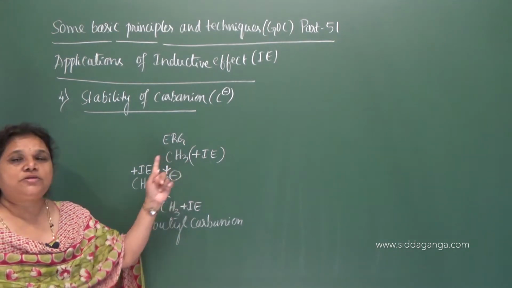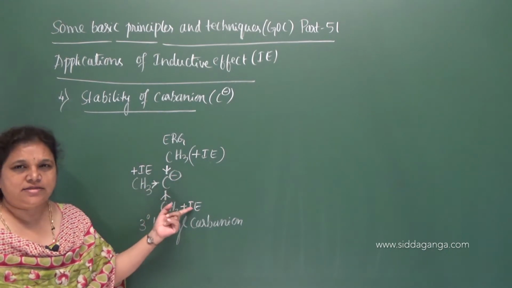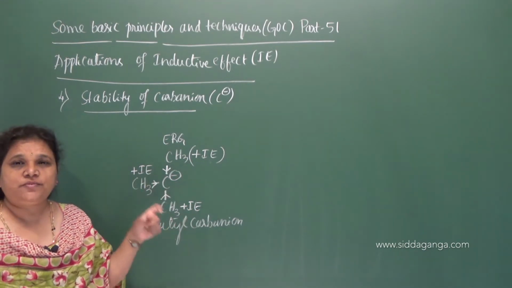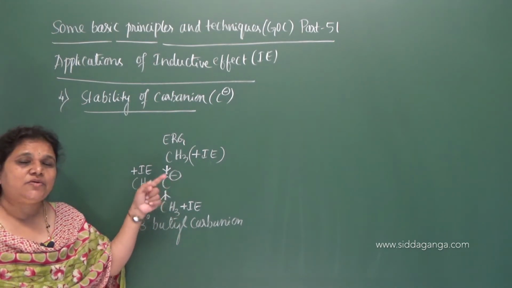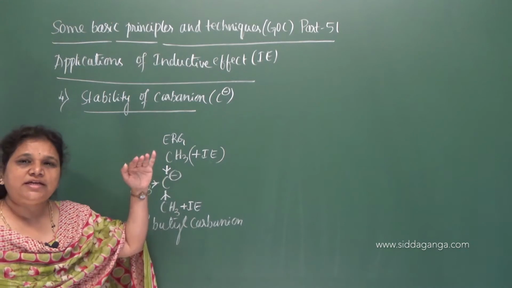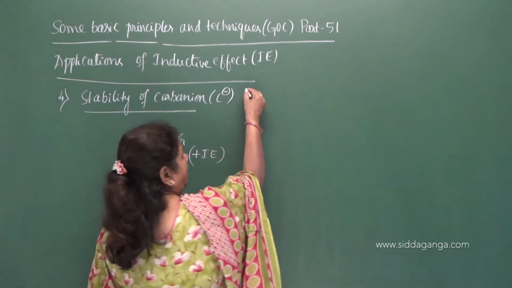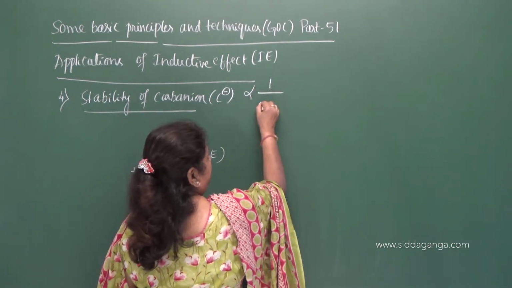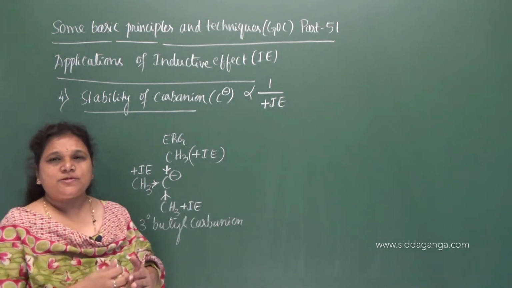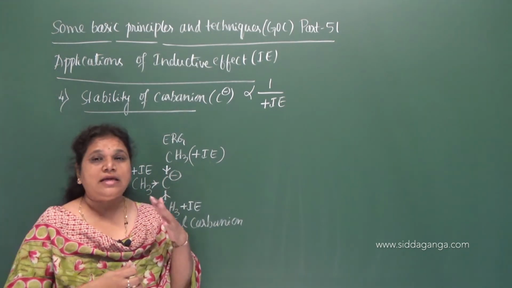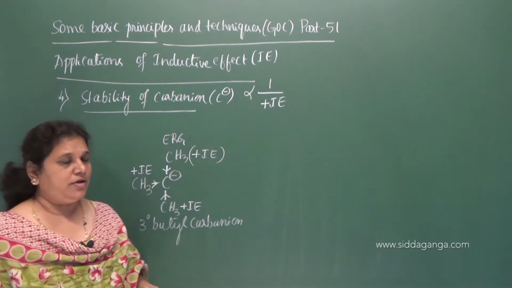When the number of methyl groups increases, the magnitude of positive inductive effect increases, and there is an increase in the negative charge on the carbon, so stability goes on decreasing. Then you can take the conclusion that stability is inversely proportional to positive inductive effect. So, the higher the positive inductive effect or the electron releasing inductive effect, the lesser is the stability of the carbanion.